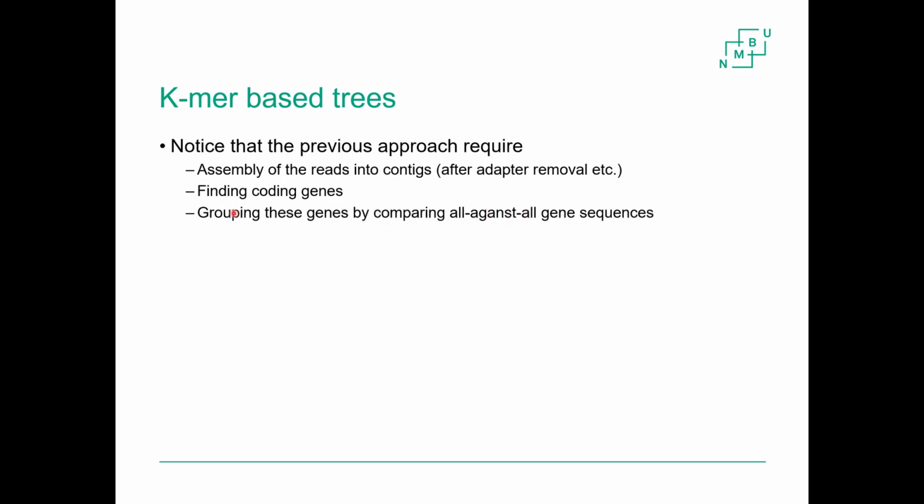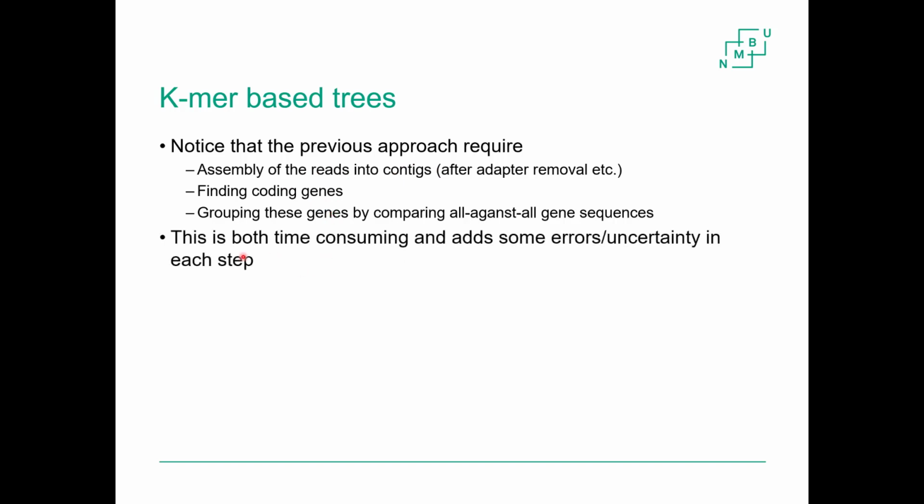This also introduces some uncertainty, because with this grouping we have to set some threshold: how similar should two sequences be in order to be the same gene, etc. So all these three taken together means that the results we get are infested by uncertainties. It's both time consuming and it adds some uncertainty in each step.